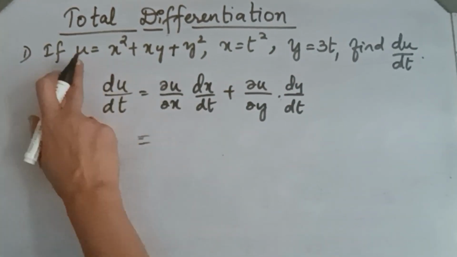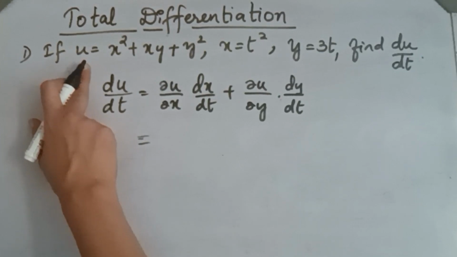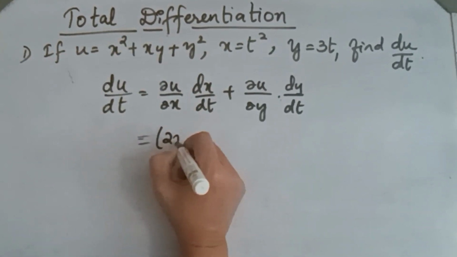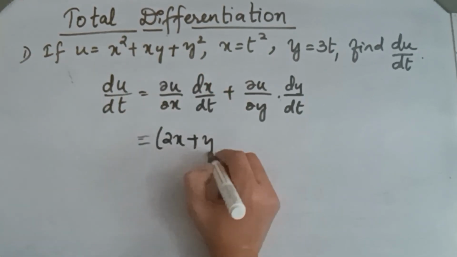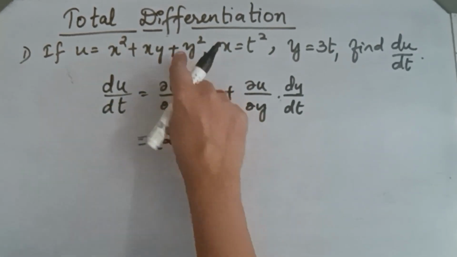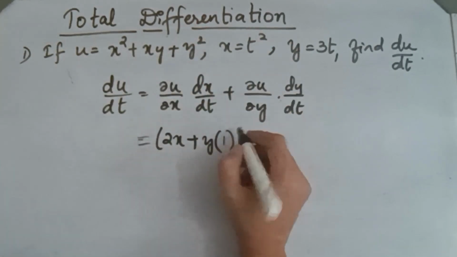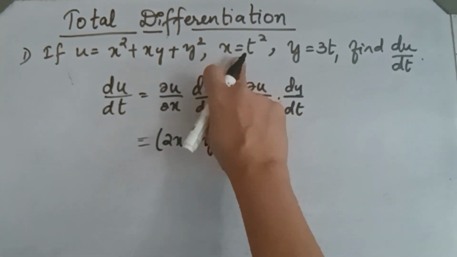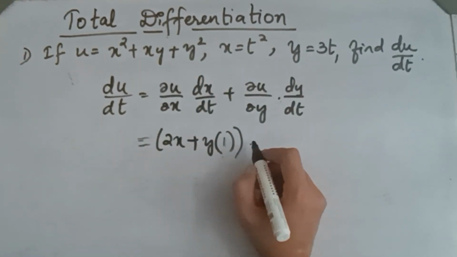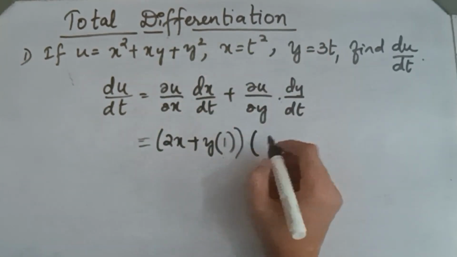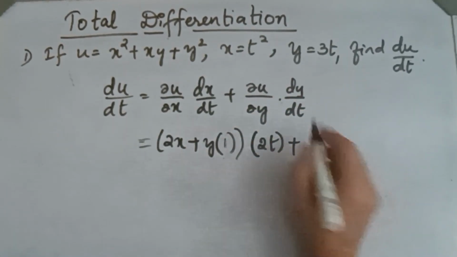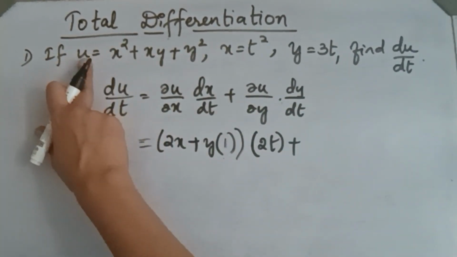Dou u by dou x, partial derivative of u with respect to x. You have to treat y as a constant. Derivative of x square is 2x plus y is a constant. Derivative of x is 1 plus derivative of y square is 0, into dx by dt, derivative of x with respect to t. So that is derivative of t square is 2t, plus dou u by dou y is derivative of u with respect to y partially.